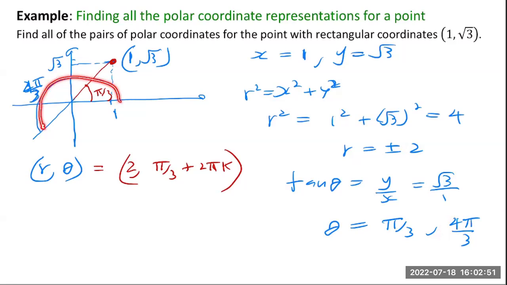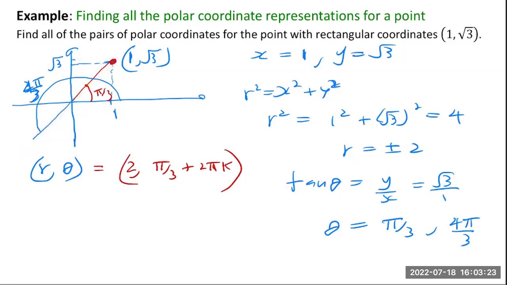Now I can represent the same point with this bigger angle, 4 pi over 3, which specifies the direction. All I have to do is make my radius r negative this time, because I want to measure in the opposite direction to get this point. I cannot go in this direction; I have to go in the opposite direction to catch this point. To do that, I'm going to make my r negative.